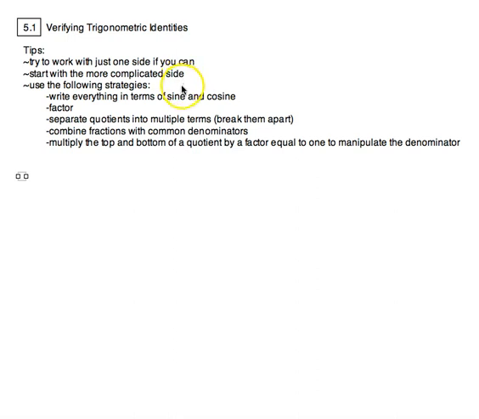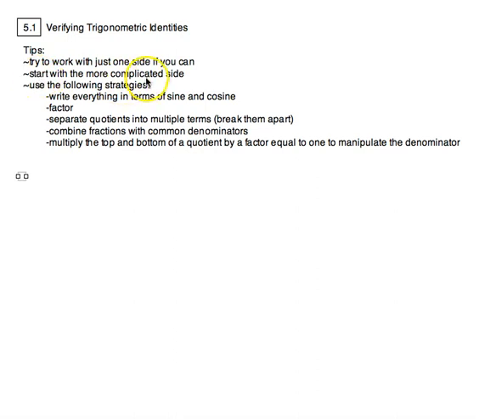If we can't, and I'll show you examples of this, sometimes we get stuck, and so we have to manipulate both sides in order to get it to verify the way that we want. So we generally try to work with just one side if we can.